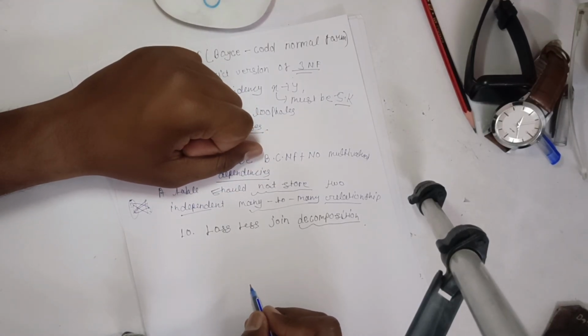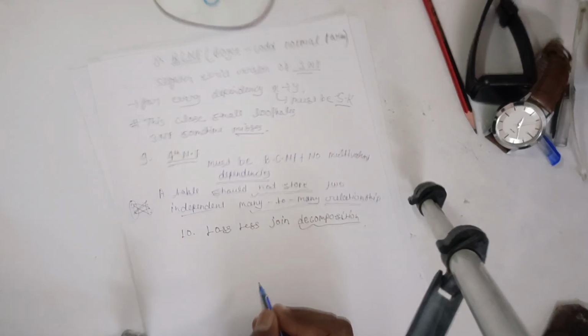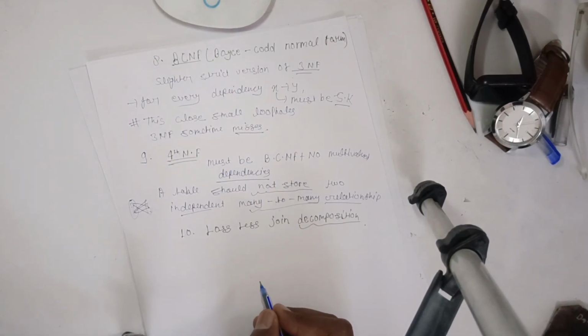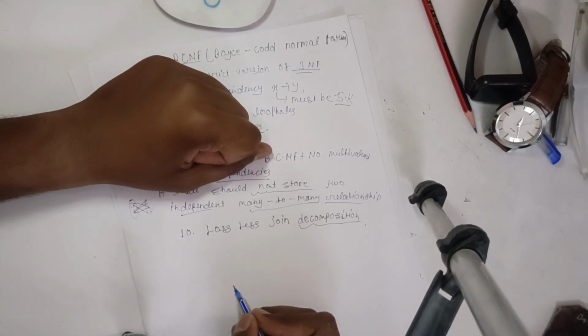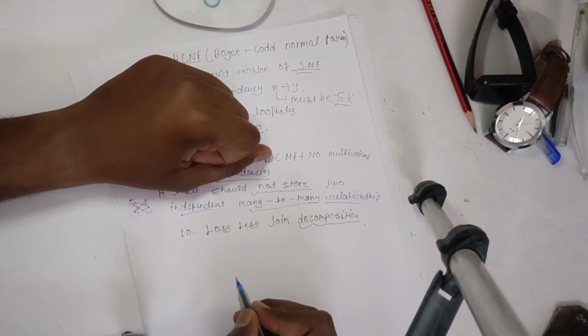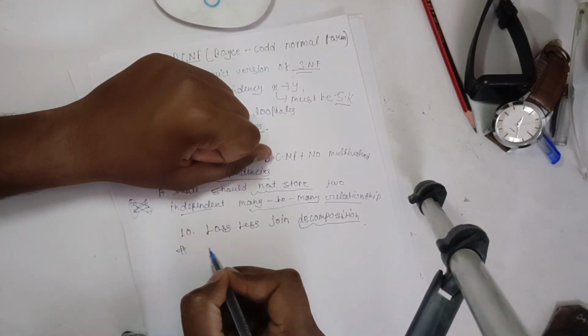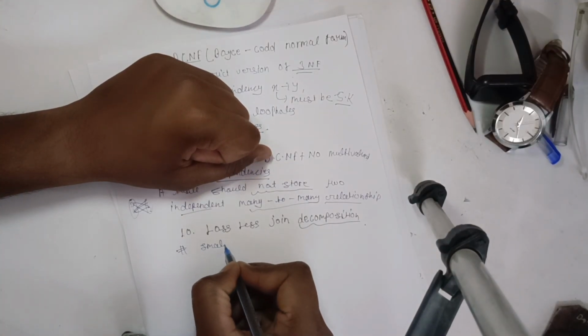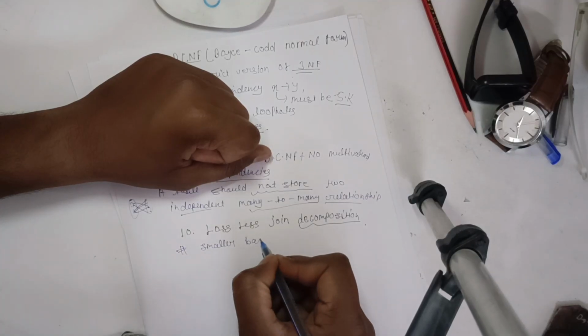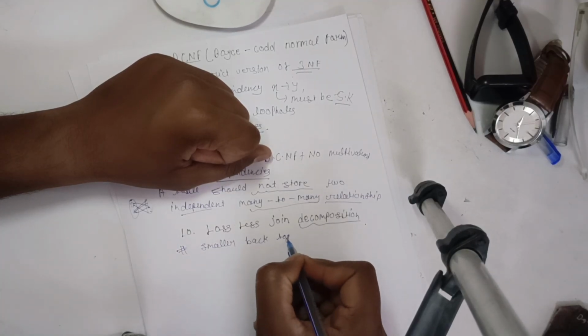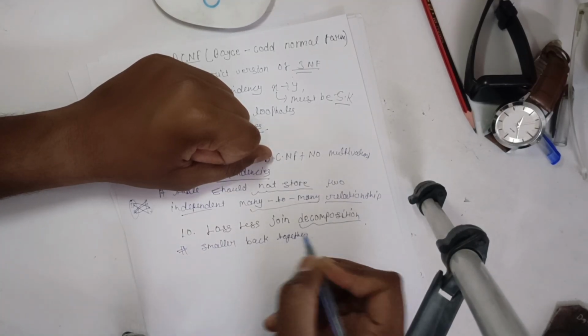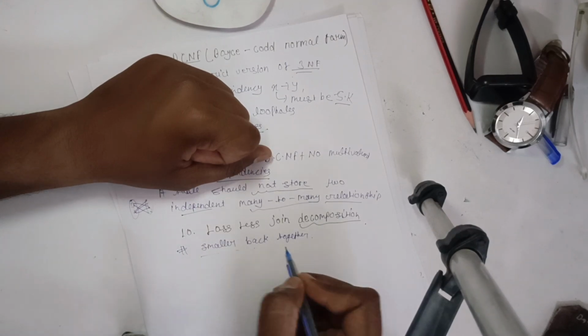When you join the smaller tables back together, you must get the exact same data as the original table. Simple. When you join the smaller tables back together, we should get the same data as before decomposition.